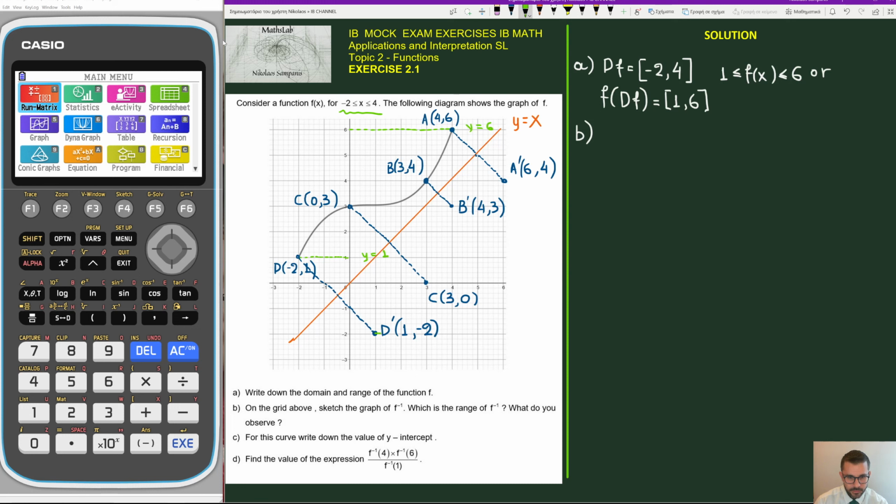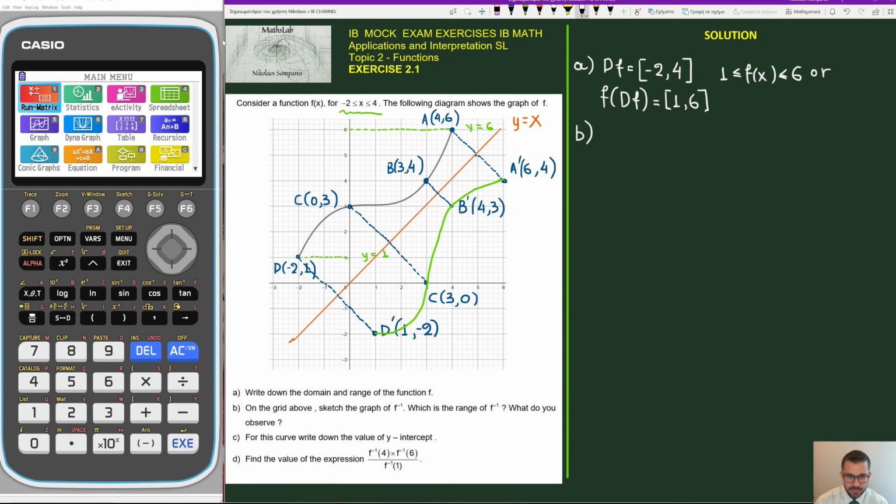So, as you see here, be careful when sketching this graph of the inverse function of f. It's a kind of reflection of the graph of f. So what do we observe?